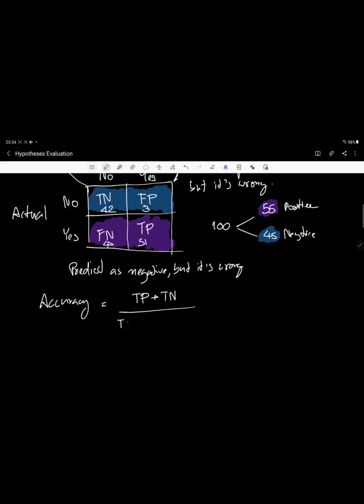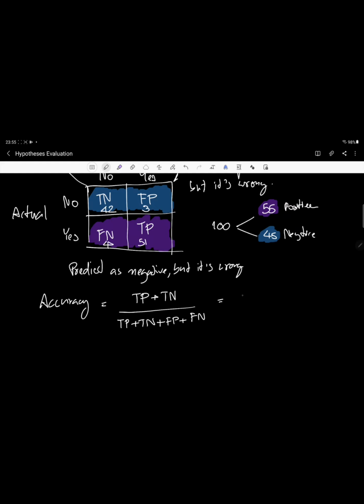That is the true positive plus true negative plus false positive plus false negative. So this one is the value of the accuracy.